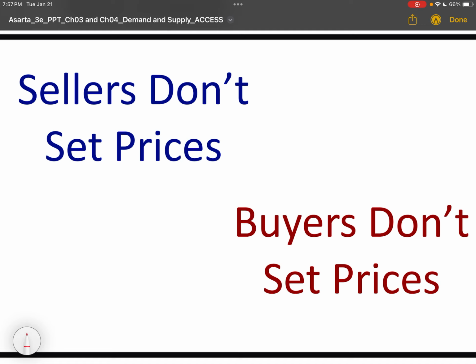So sellers don't set the prices in the perfectly competitive market. A single seller cannot set the price in perfectly competitive markets. A single buyer cannot set the price in a perfectly competitive market, but it is the pressures of all of demand and the pressures of all of supply that will interact and set the prices.